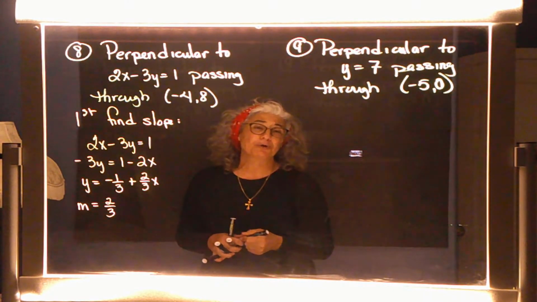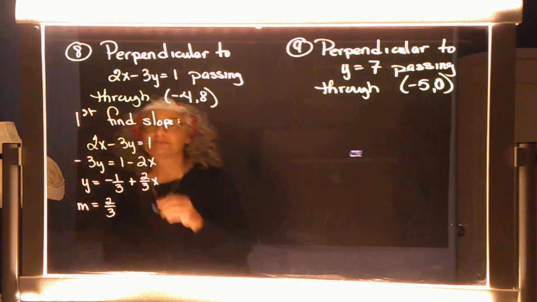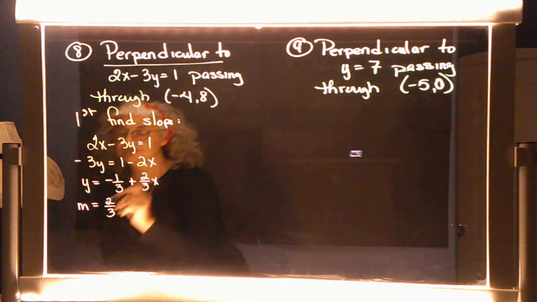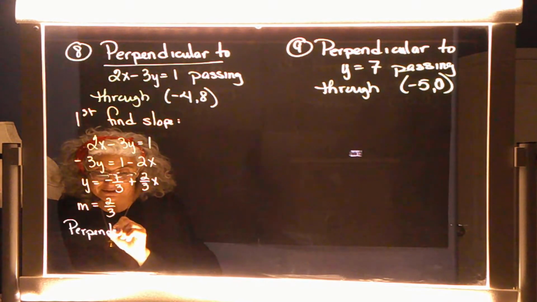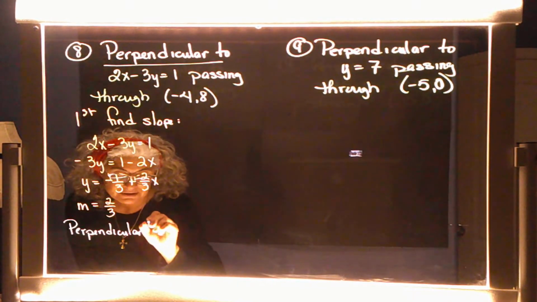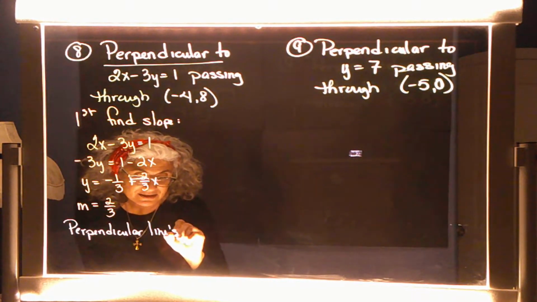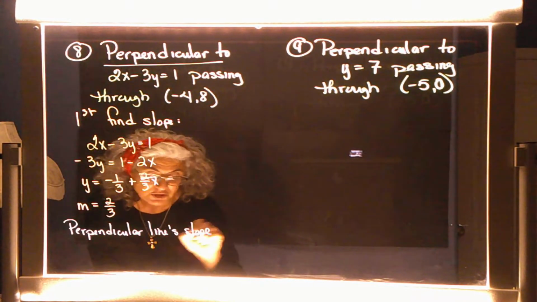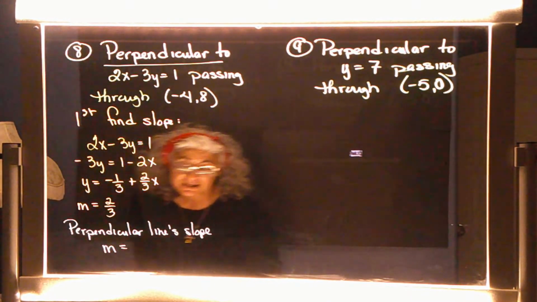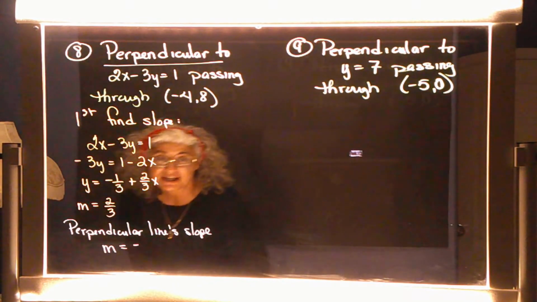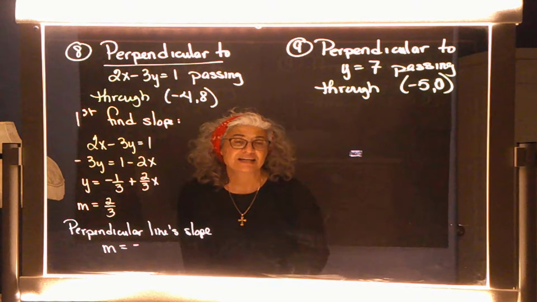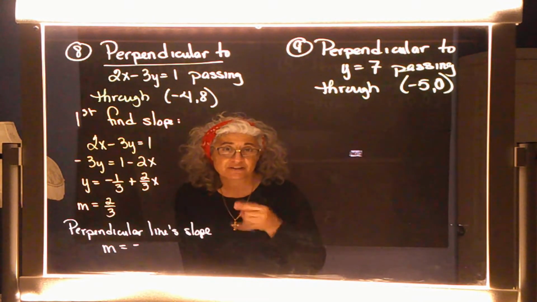But I need the perpendicular slope because they said perpendicular. So the perpendicular line's slope would be m equaling, good, since this one is positive, this one's got to be negative, and it's got to be the reciprocal, right? It's got to be the flip of it.